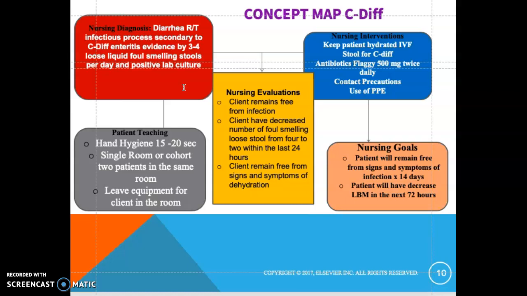You will also set up a single room, or maybe you want to cohort two patients in the same room that have the same infectious process. Two patients with C. diff will be placed into the same room.